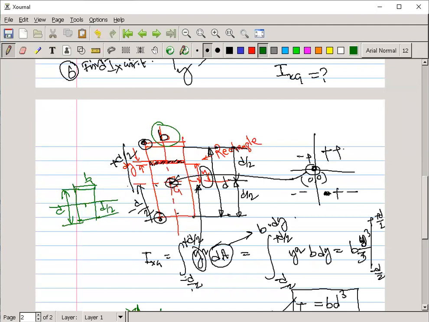So that's why I have written d by 2. Because when the question says you have to find I of xx with respect to any edge, this one edge, the distance between the axis and the edge is d by 2.